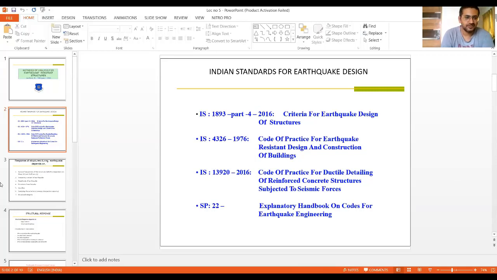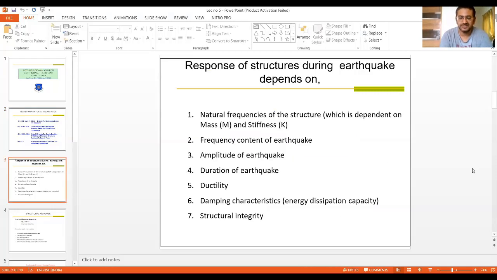Coming to the basics of the design philosophy, first of all we need to understand the different parameters on which the response of the structure depends. The response of the structure during an earthquake depends on a few basic parameters, highlighted on your screen.